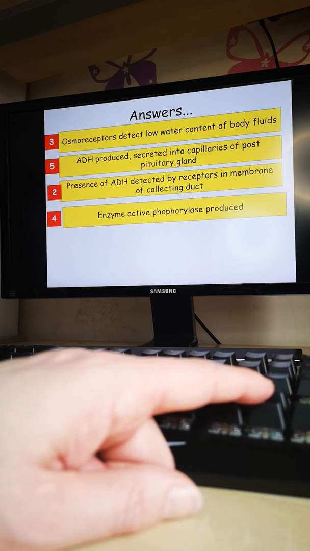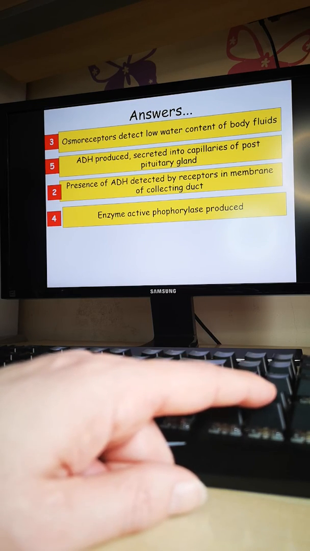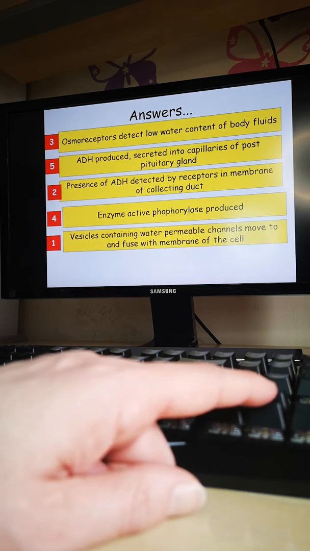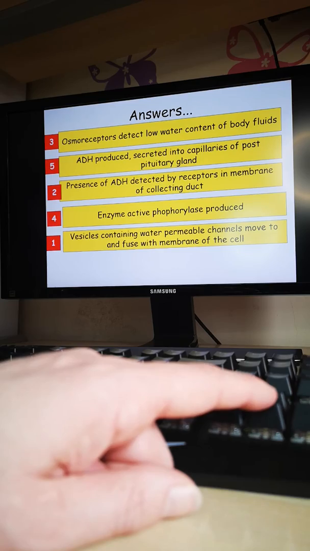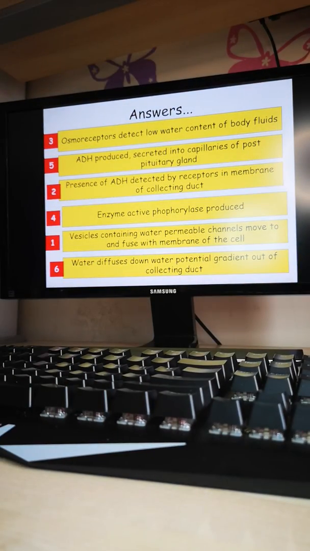And then number 4, this is the name of the enzyme, so the enzyme active phosphorylase is produced. That enzyme causes the vesicles containing the aquaporins to move and fuse with the membrane. And then finally, water, I wouldn't say diffuse, it moves down a water potential gradient out of the collecting duct by osmosis. It's a better way of describing it.